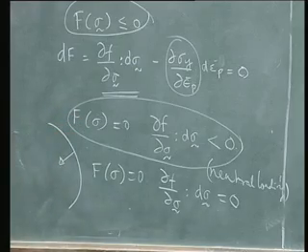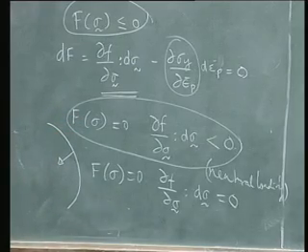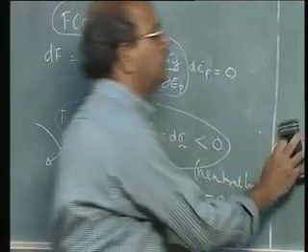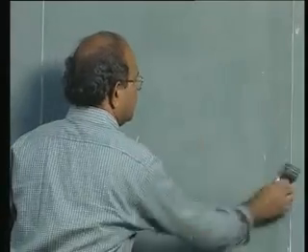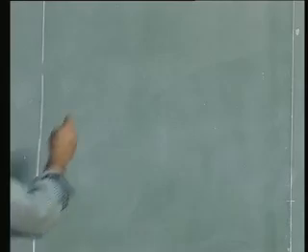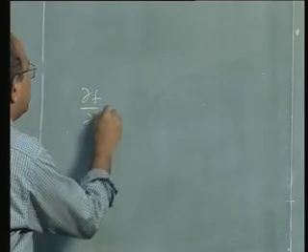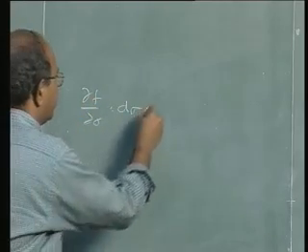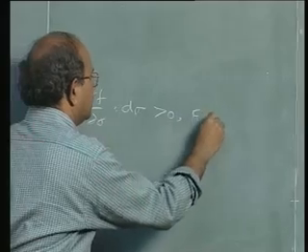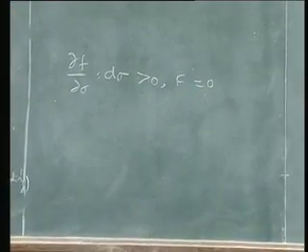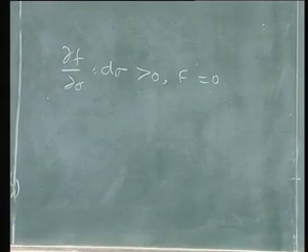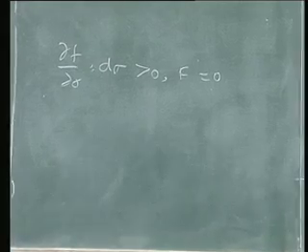So dou f by dou sigma double dot d sigma, when it happens to be greater than 0, along with f equal to 0, we call this the loading criterion.